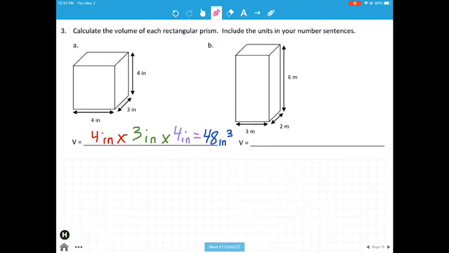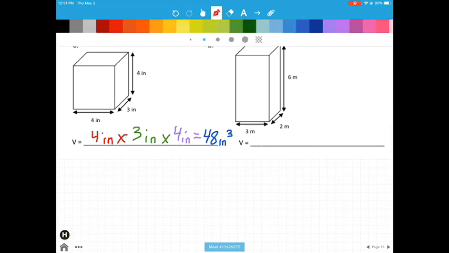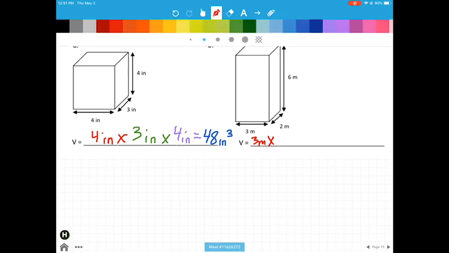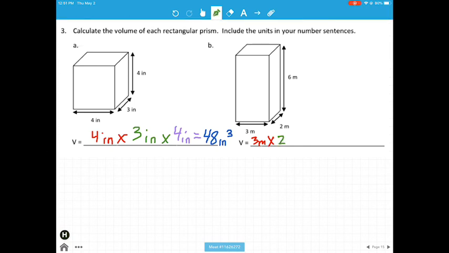The one we did in class is on the left. We multiply the 3 dimensions, 4 inches times 3 inches times 4 inches. Now we're going to do the other one, and we're going to start off with the 3 meters. We're going to multiply that times the 2 meters. Does it really matter which order we do it? No, not really. But we want to get used to doing it a certain way.